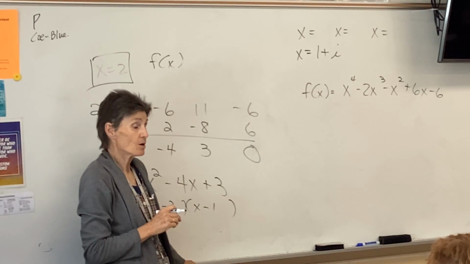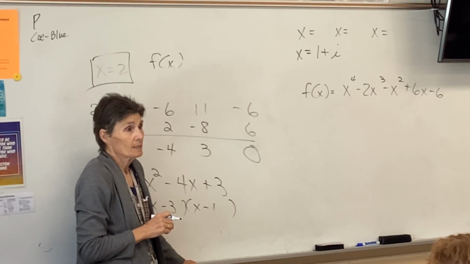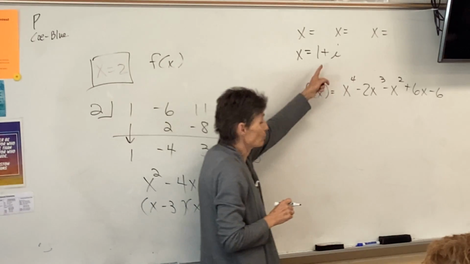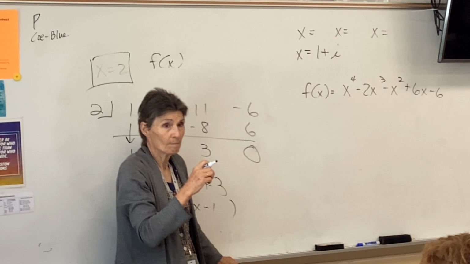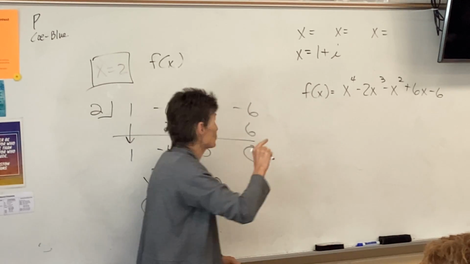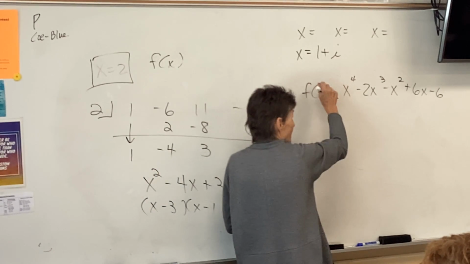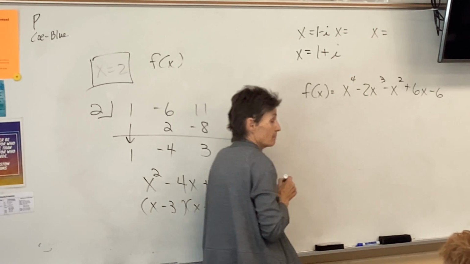Something I don't think I mentioned to you, and it's pretty important, is that when you have imaginary roots, roots with i's in them, they always come with their conjugate mate. So in other words, you will never have just 1 plus i. You will also have 1 minus i.